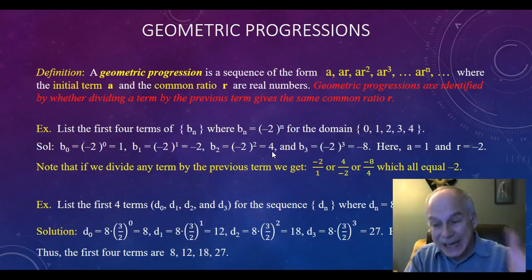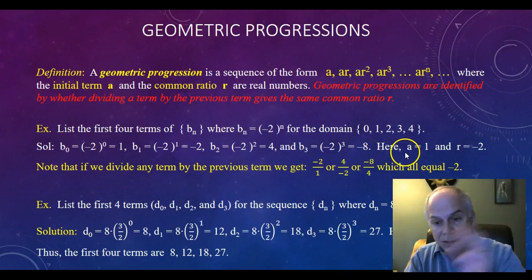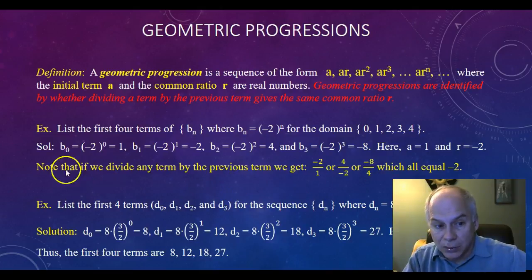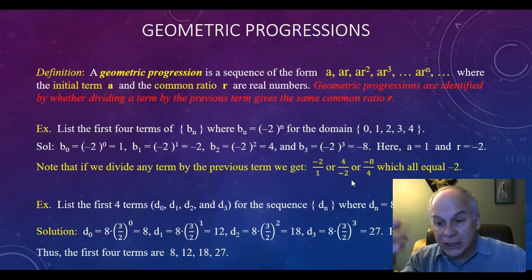Multiply by negative 2 again, and we get positive 4. Multiply by negative 2 again, we get negative 8. So you'll notice that we're multiplying by negative 2 every time. Or you could use the fact that if we divide any term by the previous term, negative 2 divided by 1, 4 divided by negative 2, negative 8 divided by 4, all of those ratios are equal to negative 2.